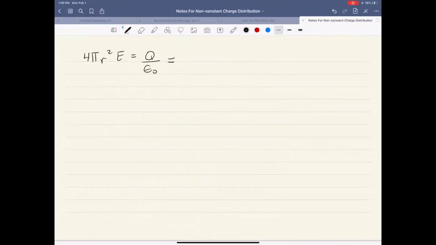And big Q over epsilon naught could also be written as 4 pi BA over epsilon naught. So either one of those expressions works here, okay? Because I've shown that big Q equals 4 pi BA.